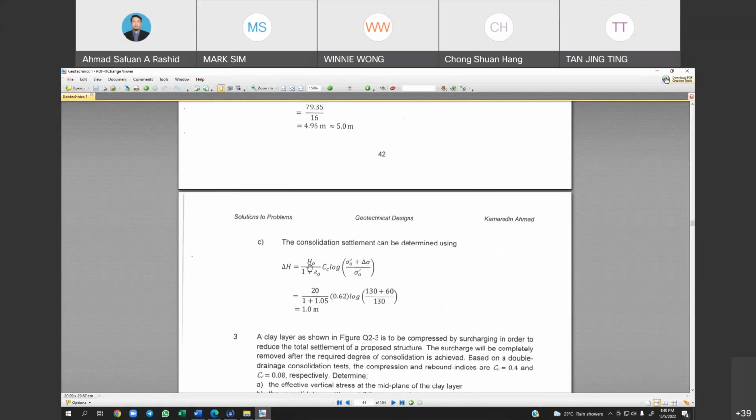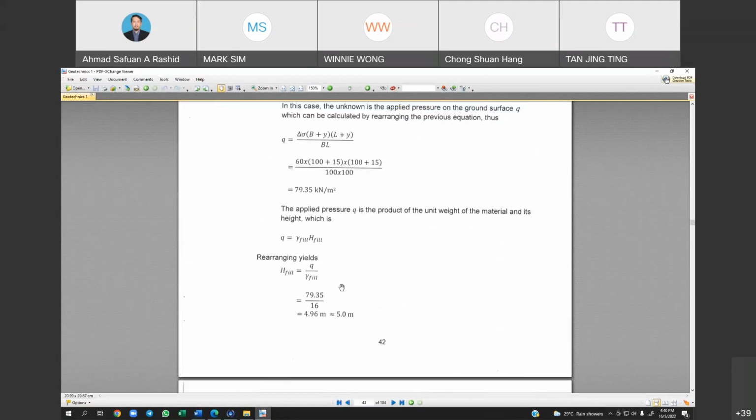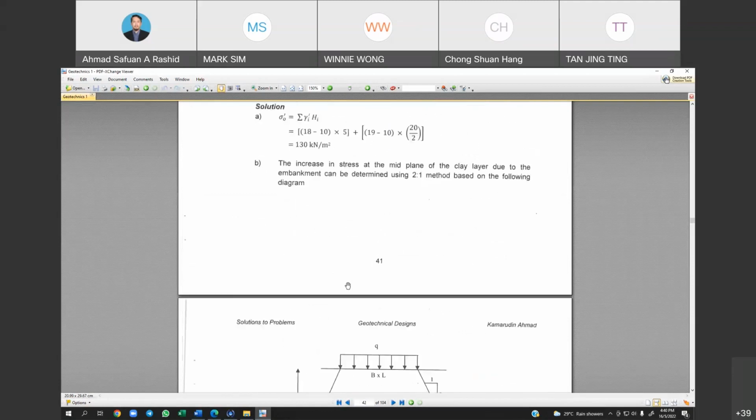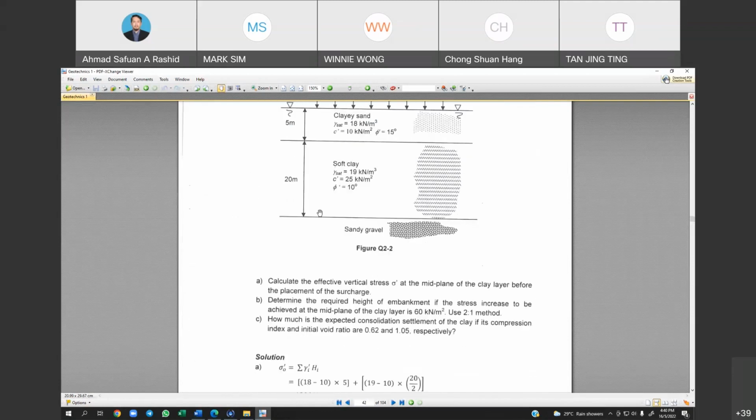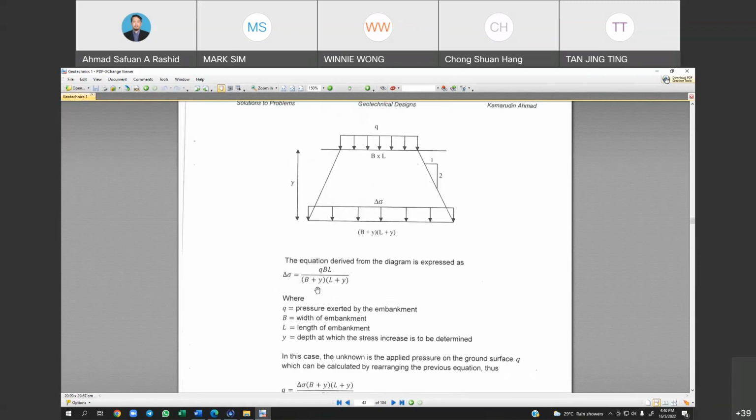H naught is the thickness of the clay layer. In this case the clay layer is 20 meters thick.